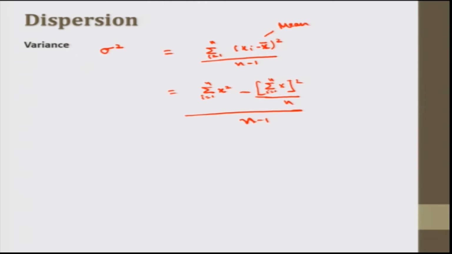So, when x is an individual value, with the mean and n the sample size, the simple formula is used here. Next comes the standard deviation. It is denoted by sigma, and sigma is equal to the under root of variance.